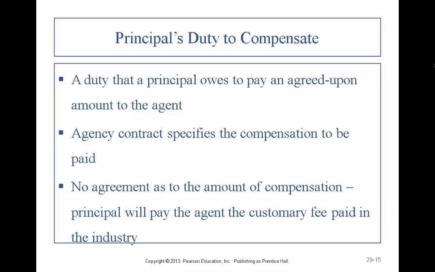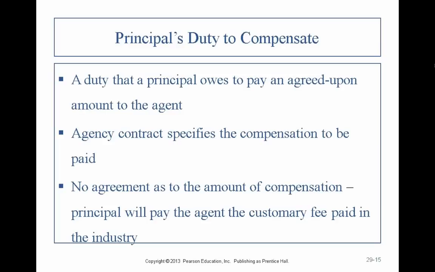For example, the gentleman here that talked about appointing his brother as his agent under power of attorney was presumably not paying the brother, but oftentimes you are appointing somebody for a purpose and you're agreeing to compensate them. It's for a business purpose, right? So a duty that a principal owes to an agent to pay an agreed upon amount, maybe some other compensation.